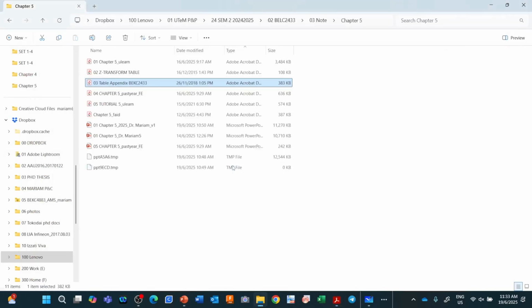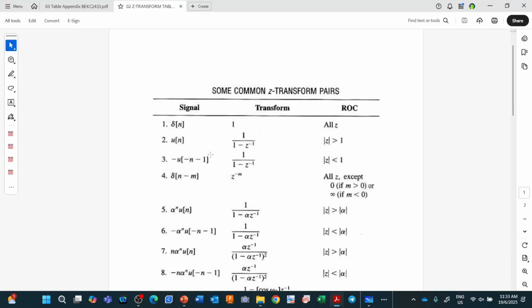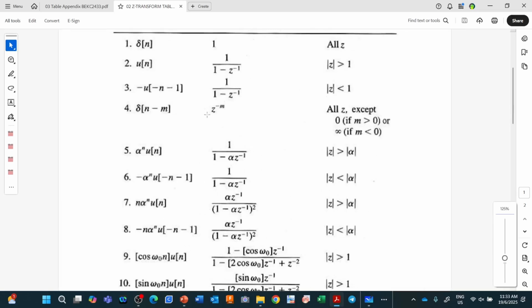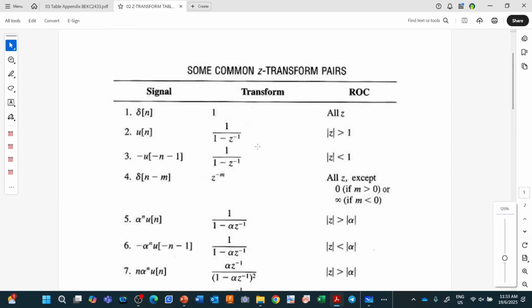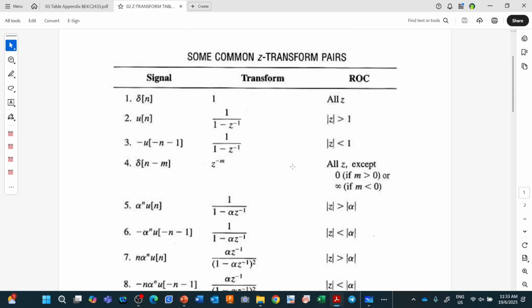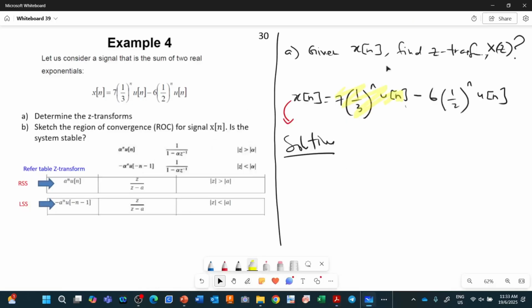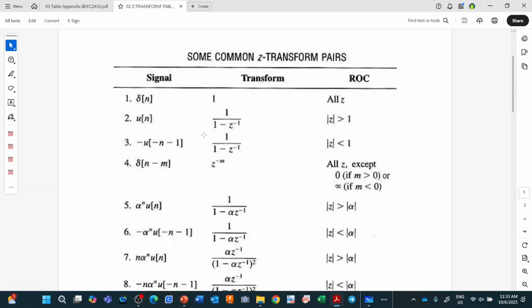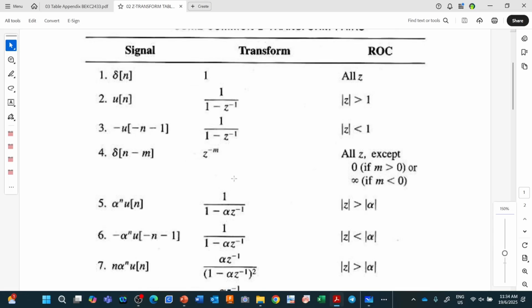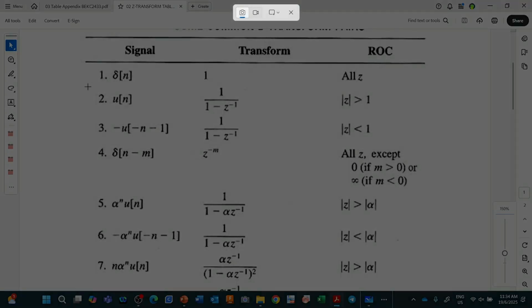This one, and you are also given the other appendix, which is the one familiar to you. This is what I used in yesterday's class. Based on this, you are going to inspect the signal's Z transform here. Okay, by inspection, let's just take these two signals.